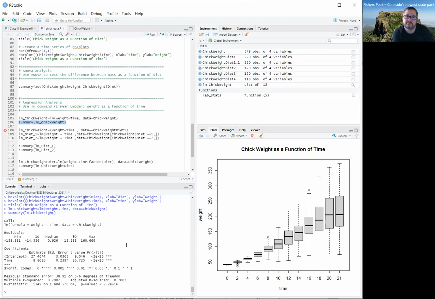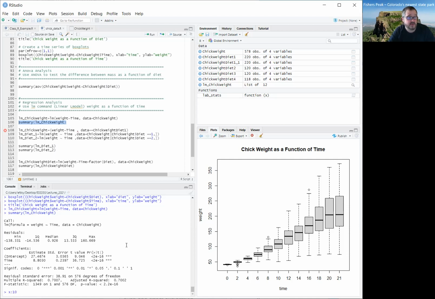I'm not going to get into how it knows how to do that, but when you're programming a function, you can add new abilities to functions like summary for new kinds of information.